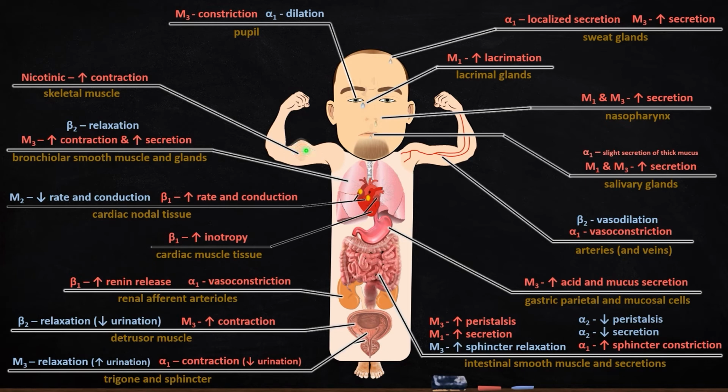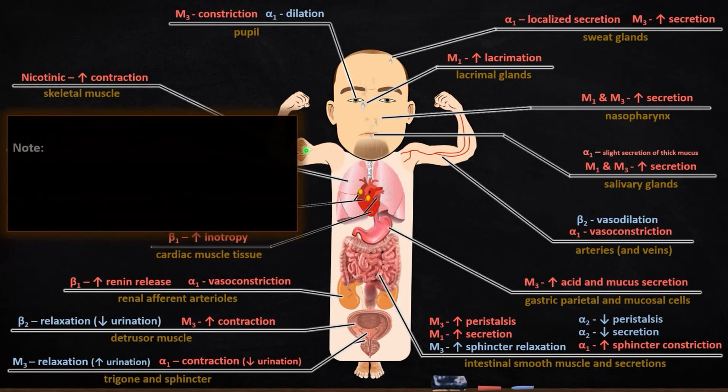Often we'll see blockade of nicotinic receptors used therapeutically to promote skeletal muscle relaxation to allow a surgeon to perform a surgical procedure. So a lot of times when we do the neuromuscular block, they might block the nicotinic receptors in order to allow that muscle to just stay relaxed.